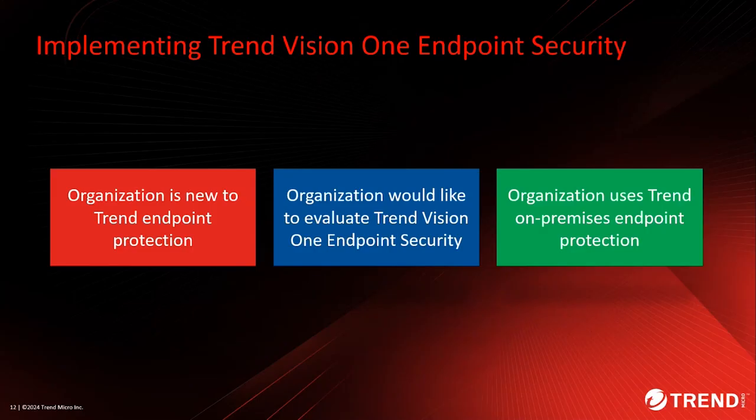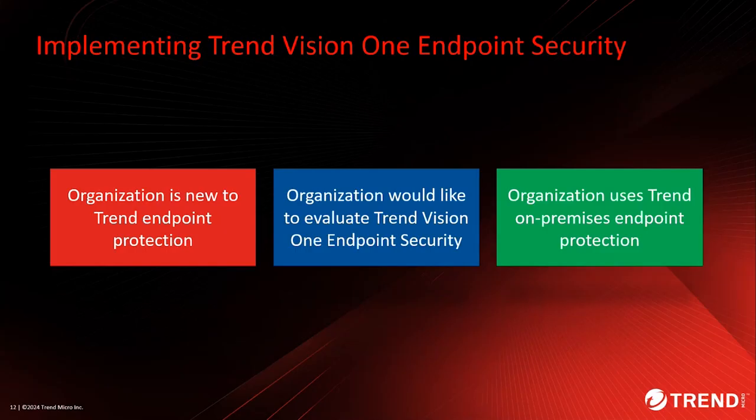Scenario number three. For those organizations using Trend Micro's on-premises solutions such as Apex One on-prem or Deep Security and are not yet ready to fully migrate to the cloud, this option provides a flexible solution. You can start by connecting your existing on-premises systems to the Trend Vision One console.